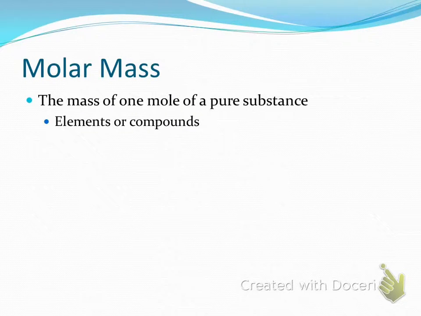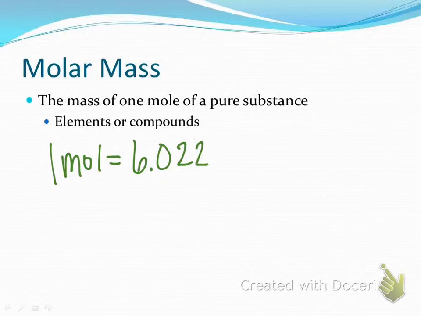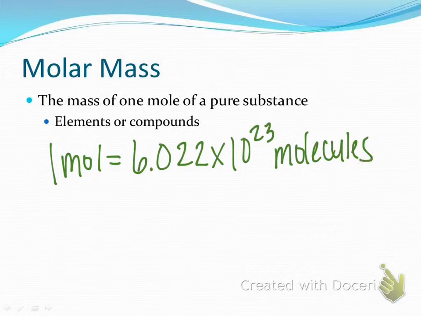Okay? A mole acts as the same thing on a much bigger scale. So 1 mole of anything is equal to 6.022 times 10 to the 23rd molecules of that substance. So it's a much bigger version of a dozen.